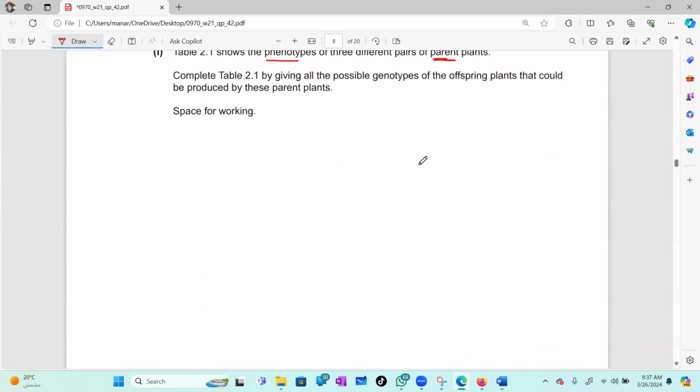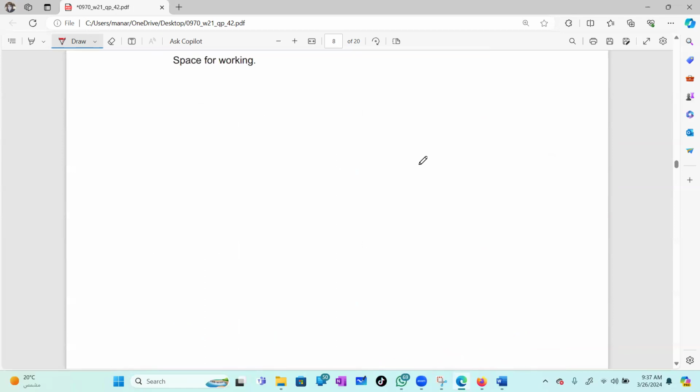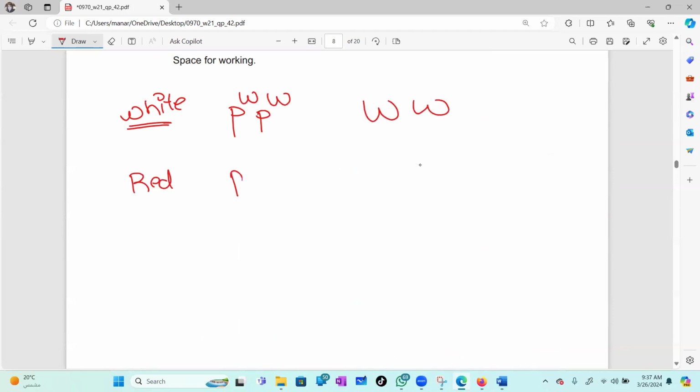PRPW. Yes. Now, white parent, we know that white is dominant. So the white parent is PP, W capital, or simply W capital, W capital. A red parent is P, red capital. And P is the gene. And this is how they told us. I did not make it up. Or it is R capital.